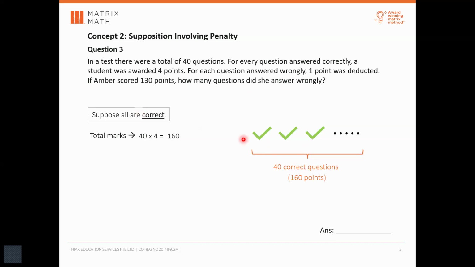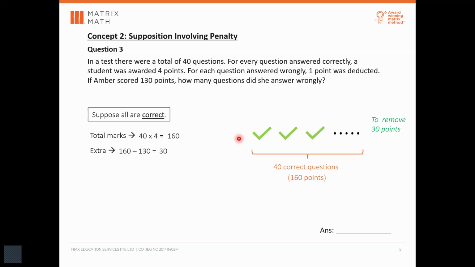But according to the question, the total is not 160. The total is 130. So we have too many points, too many points we need to remove. To get from 160 to 130, we minus off to find the extra. So I need to remove 30 points.